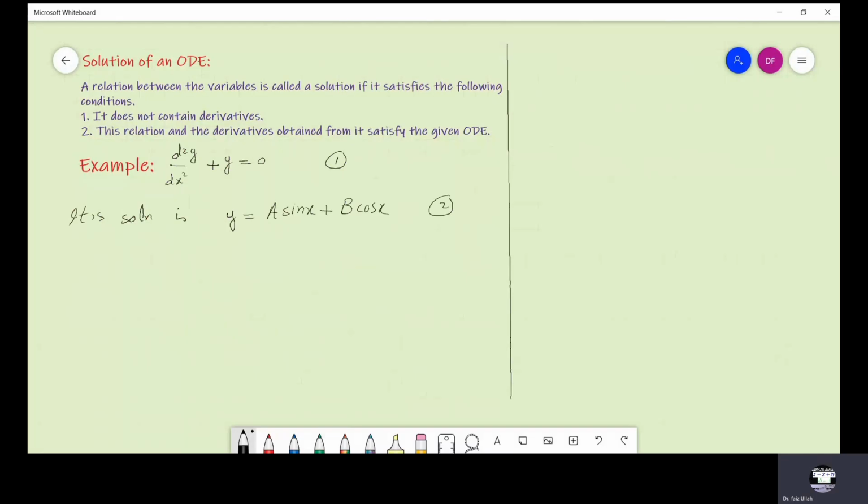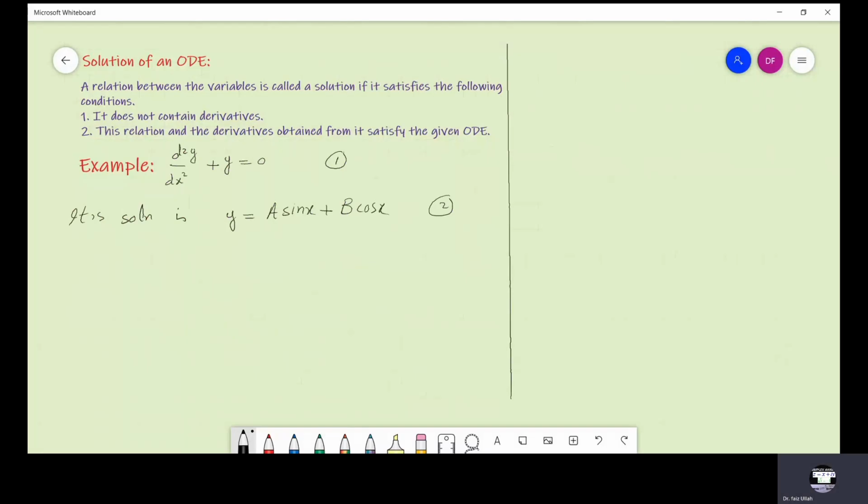Let us say this is 2. If we say that 2 is a solution of ODE 1, it must satisfy the above definition. We can see this is a relation between y and x, and it is free from derivatives. There is no derivative. So condition 1 is satisfied.